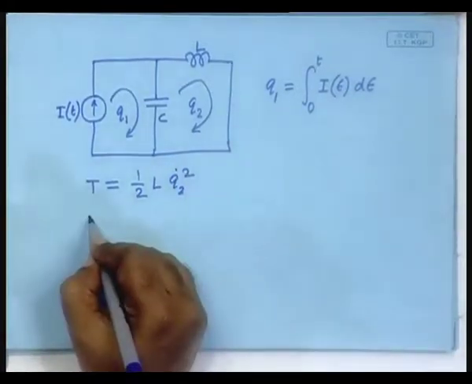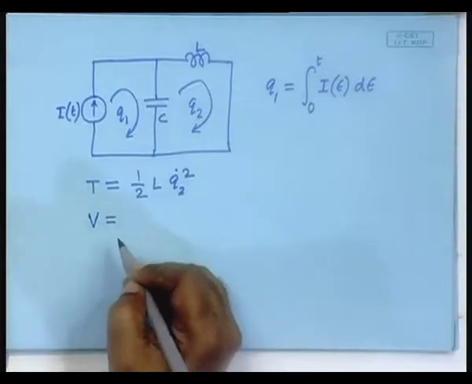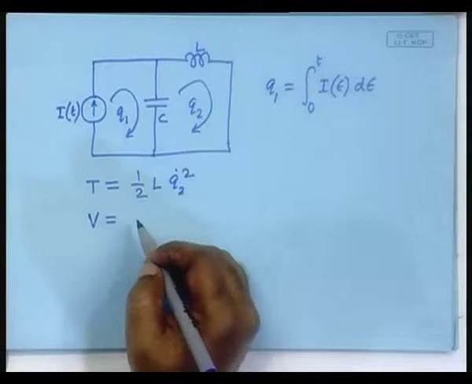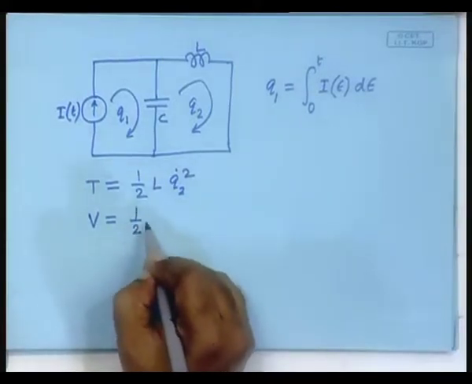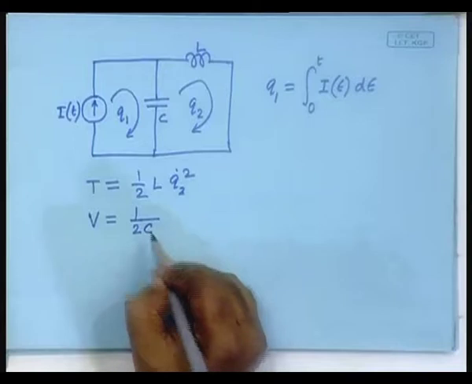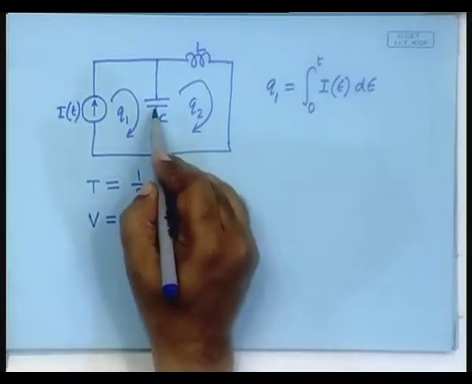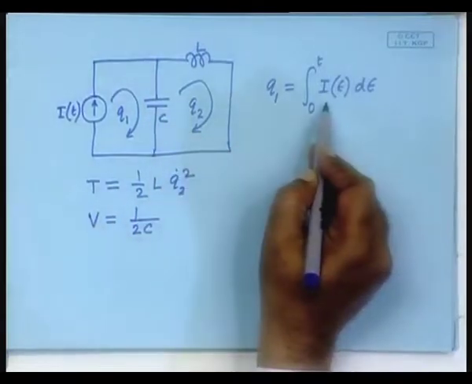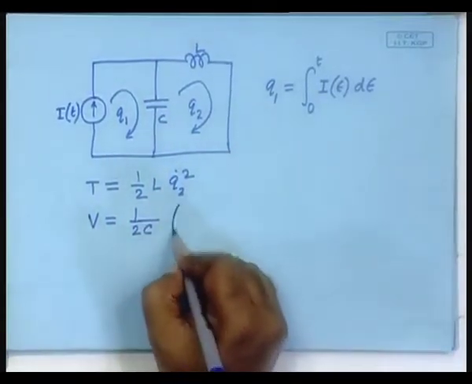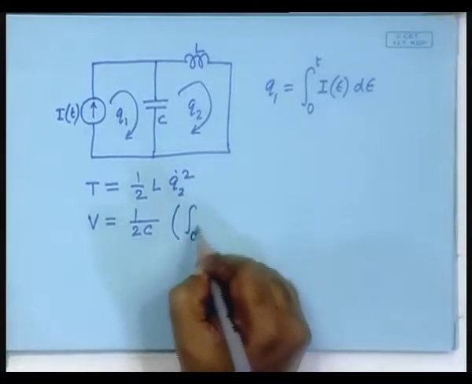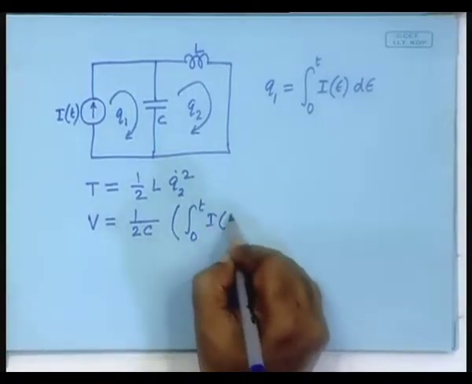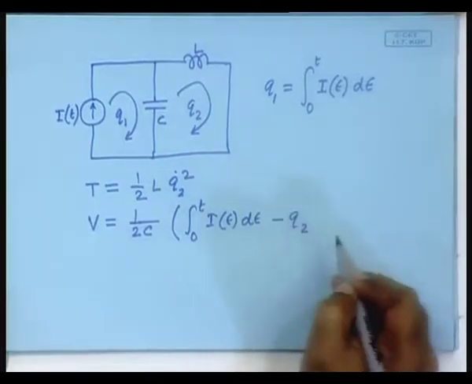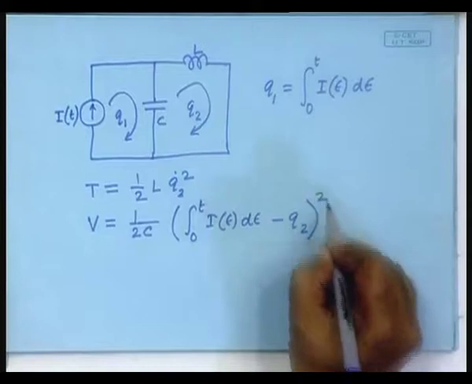We will write the potential energy stored here as, wait a minute, it will be 1 by twice C, but now the charge here is Q1 minus Q2 and Q1 is this fellow. So, we will write this whole thing, the integral from 0 to t of I epsilon d epsilon minus Q2, this whole thing square.